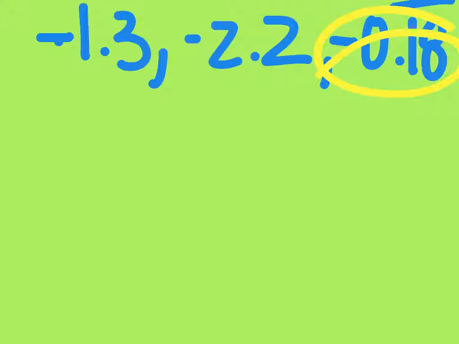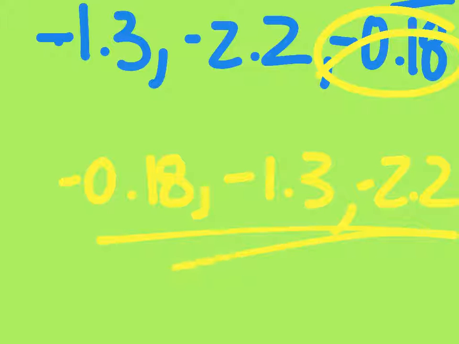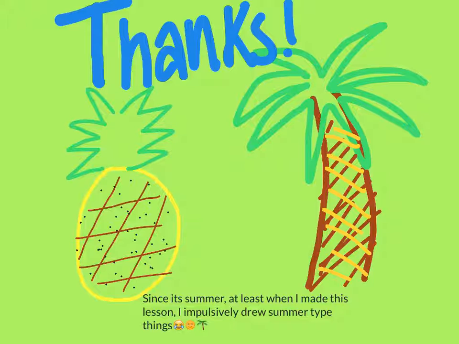So, negative 0.18. Oh, well, I guess we're doing greatest, Elise. My bad. Greatest, then negative 1.3, and then negative 2.2.